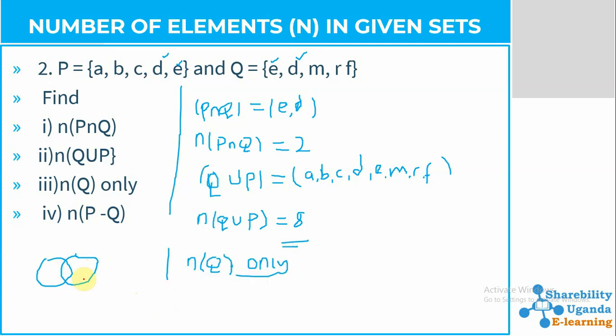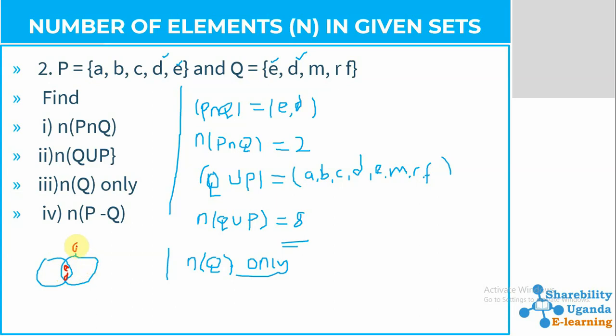If this was our numbers, we have our E here, and we have our D here. That is our D. And then we also have the members that are remaining.